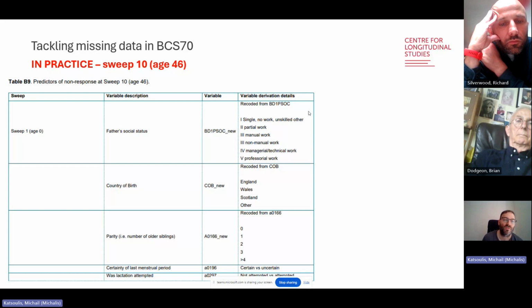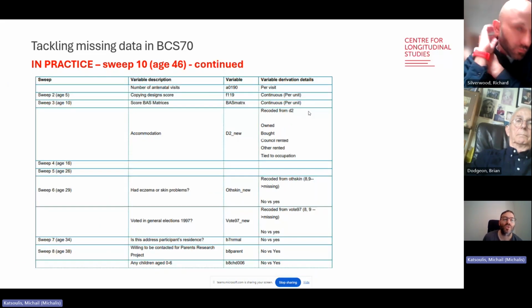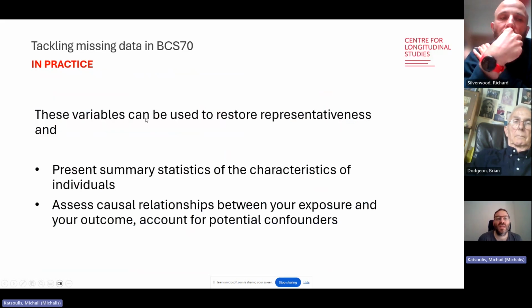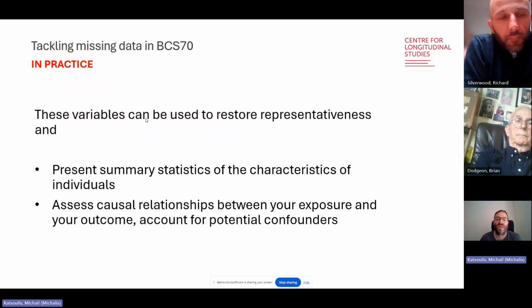You have to take information from sweep 1, sweep 2, 3, 4, 5, 6, 7, 8 and 9, and also use no response at all previous sweeps. And again, as we mentioned before, these variables can be used to restore representativeness and present summary statistics of the characteristics of individuals, but also assess causal relationships between your exposure and your outcome, of course, accounting for all potential confounders.